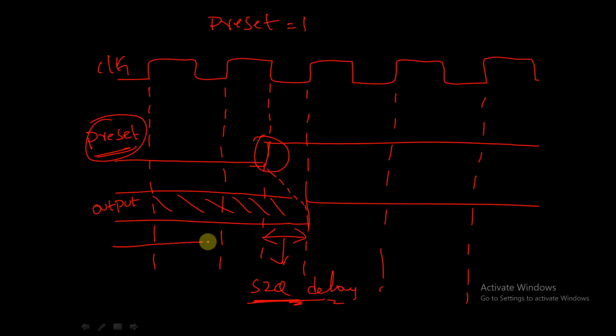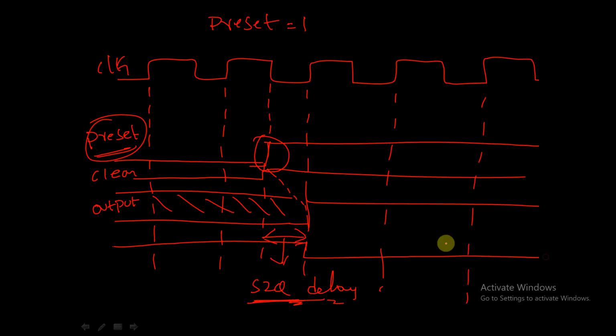Previously we don't know the state of the output, whether it may be 1 or 0. If we apply a clear signal, the output will become 0 or clear. The time the output takes to respond to this asynchronous clear input is called R2Q delay.